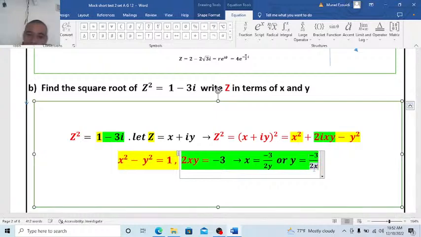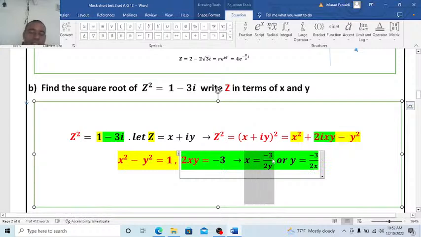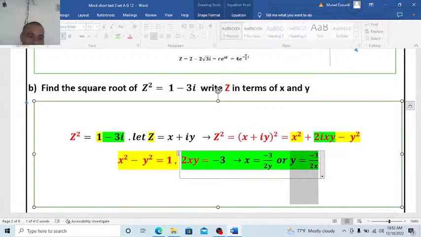If you arrange your equation in terms of x, you are then going to find the value of y. If you arrange your equation in terms of y, you should use this to find the x value. Therefore now I will substitute y equal negative 3 over 2x into my equation.